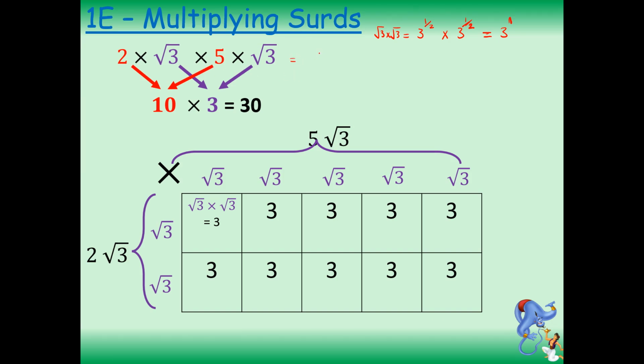So the original question could have been written as 2 root 3 times 5 root 3. If you see expressions like so, or a bracket with expressions inside the bracket, that means multiplying them.